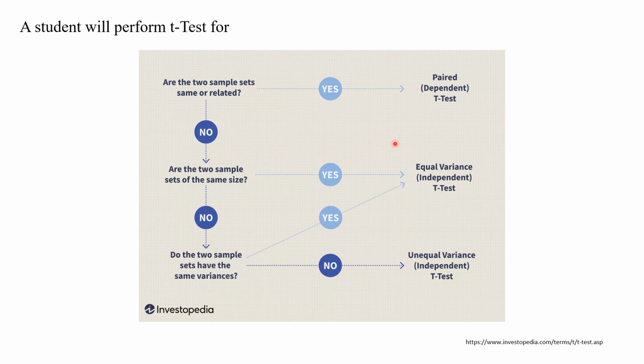If yes, we still use the equal variance independent t-test. If not, we use the unequal variance independent t-test. But the t-test will always be performed between means of two groups. Always use two sample sets.